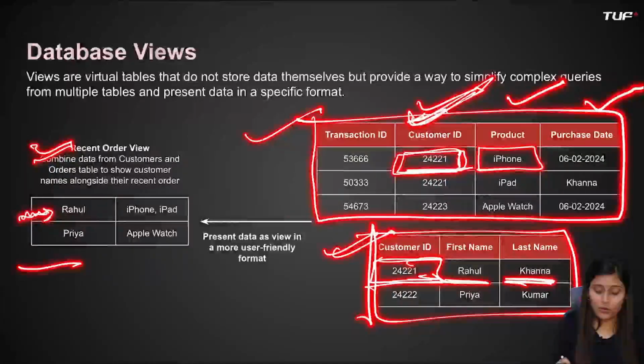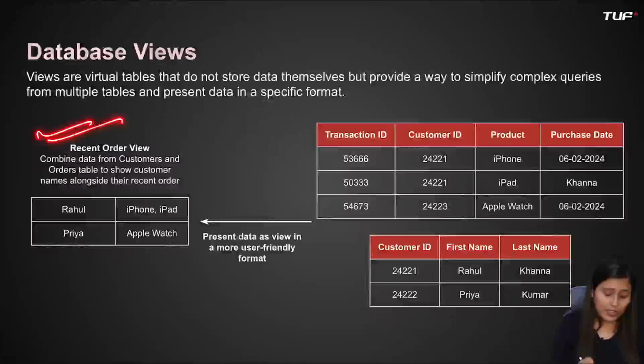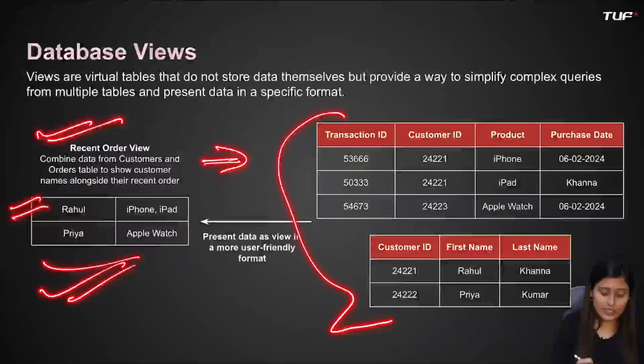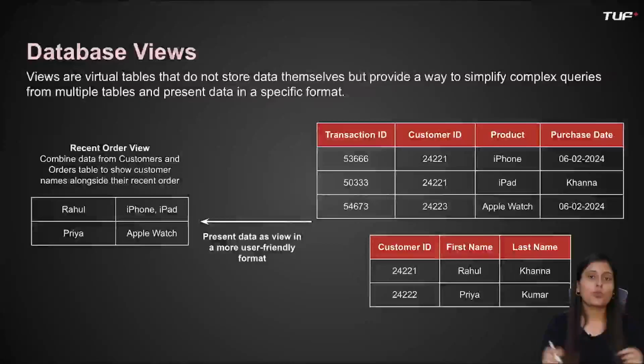So Rahul bought iPhone and iPad, and Priya bought Apple Watch. In this recent order view, we can see that it actually combined both the tables and gave us the data. But this is only representational data which we see in view format. It's not the actual table. The actual table is this. That's what a view means: a virtual table that does not contain the exact data, but shows us a representation of the data.